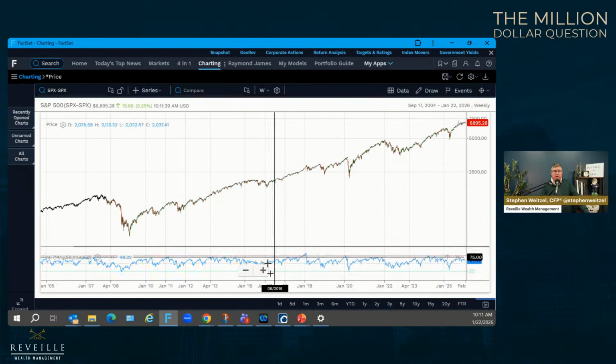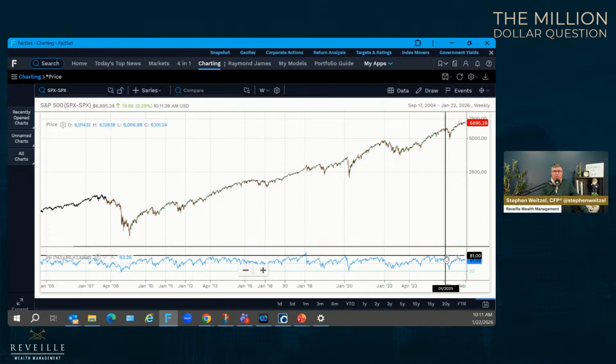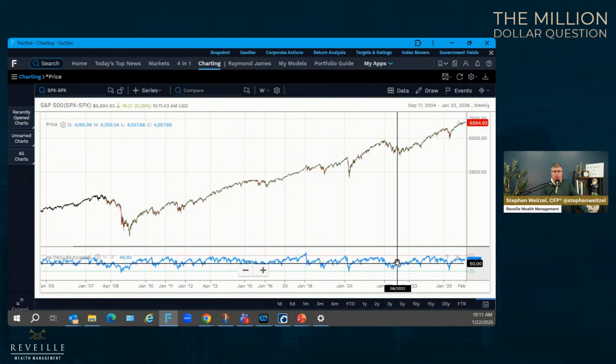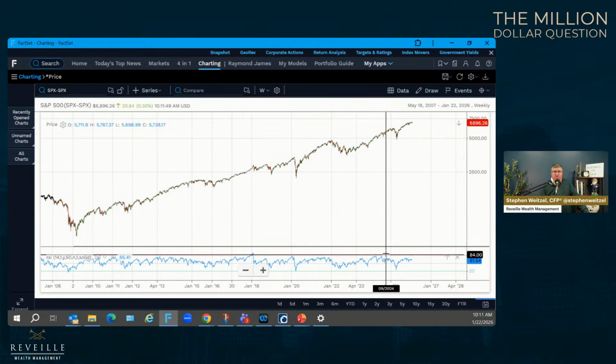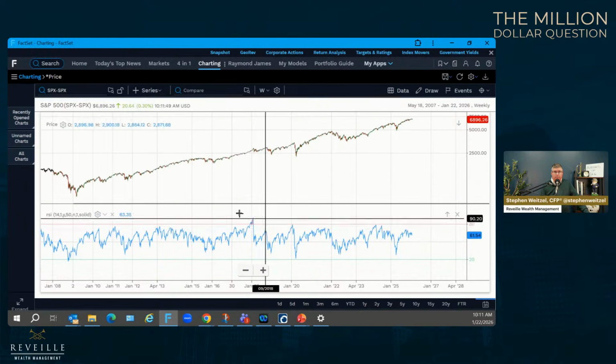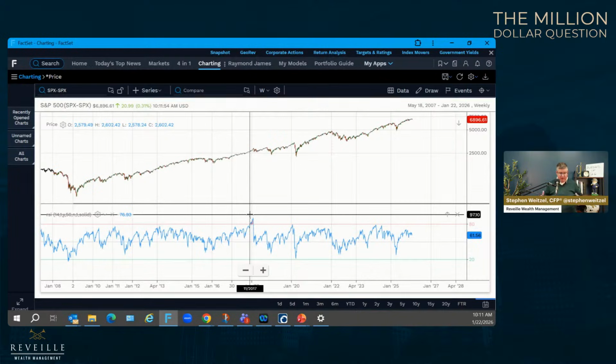And I want us to look at this bottom pane here, which is known as the Relative Strength Index, or RSI. Now, this is where we start talking about things that are overbought or oversold. And a lot of people may have heard this concept of overbought or oversold, and maybe they are not super familiar with it.